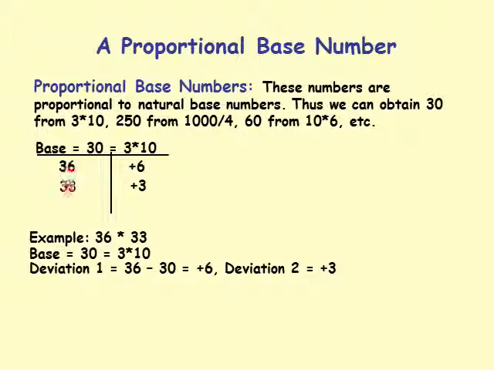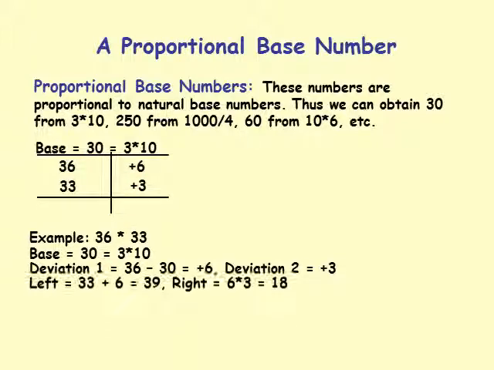On the left, we apply crosswise. 33 plus 6 is 39, and so is 36 plus 3, which is 39. So on the left is 39, and the right is plus 6 times plus 3, which is 18. So we have 39 and 18. Now 18 has 2 digits on the right, and we can only have 1 digit on the right.